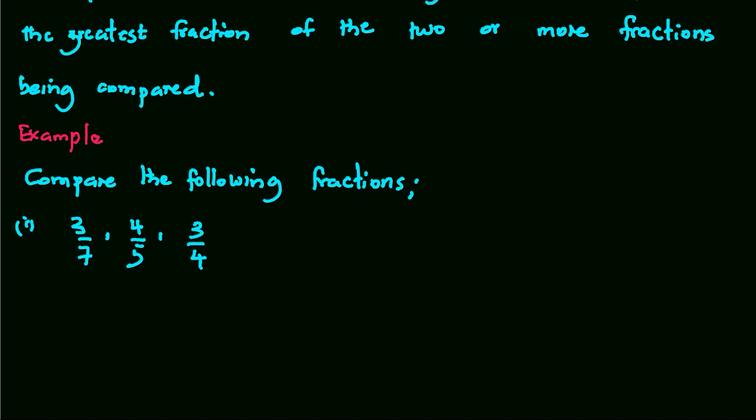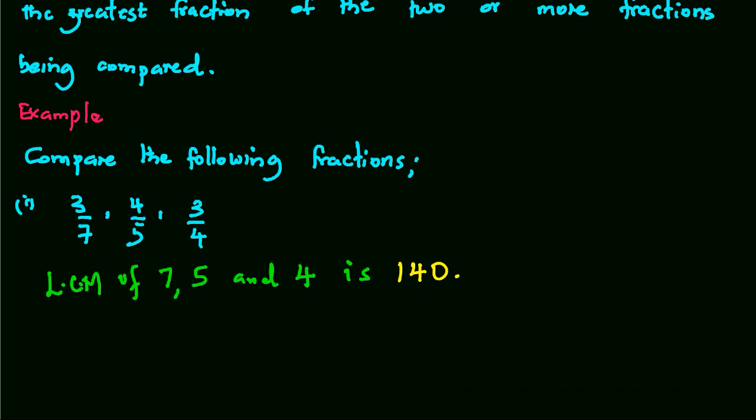So the LCM of 7, 5, and 4 is 140. So we need to find what factor we should multiply 7 by to get 140, 5 to get 140, and 4 to get 140.